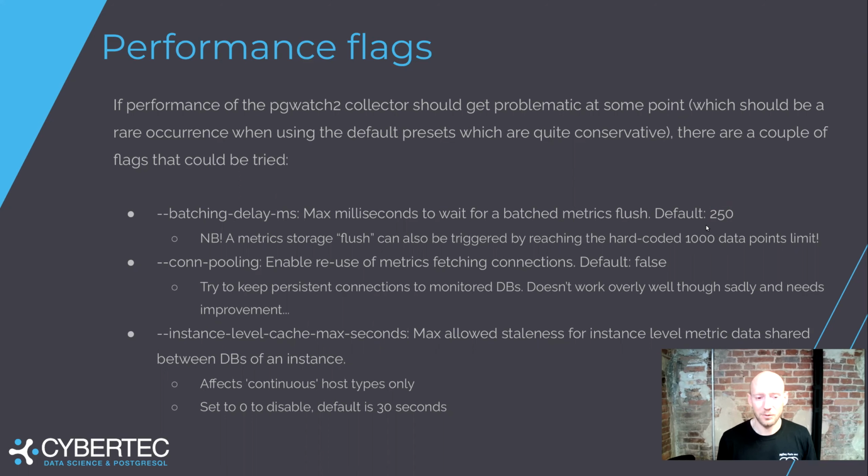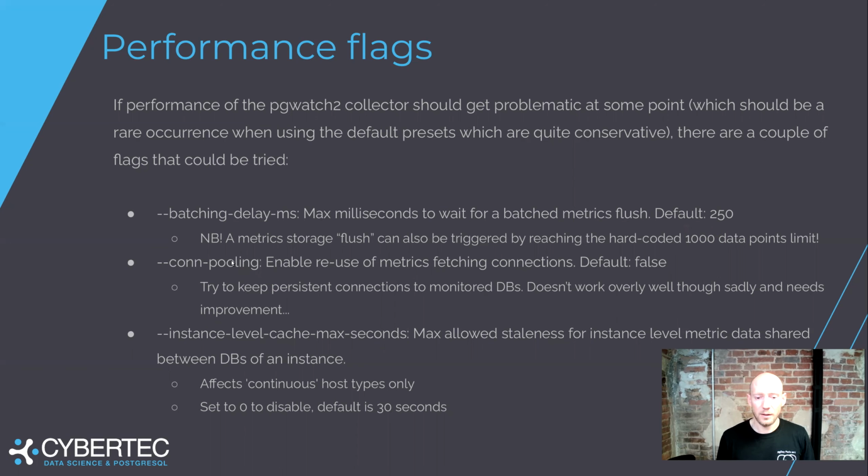So yes, you can definitely increase it, but watch out for some hard-coded limits, so as not to strain the storage too much and not to allow too big batches. We also have a cutoff point at 1000 metric points.